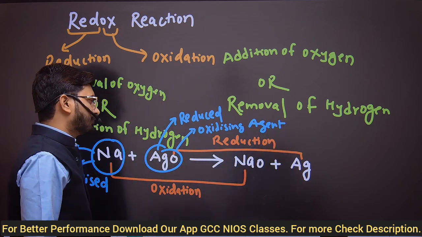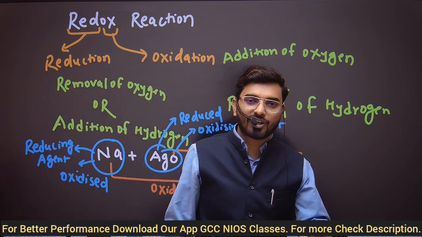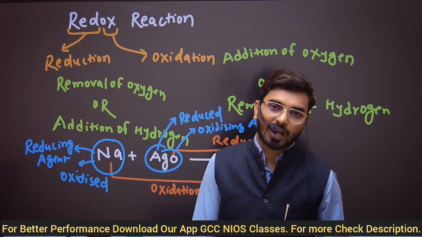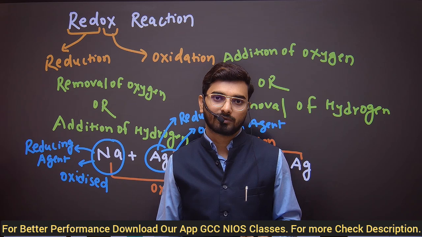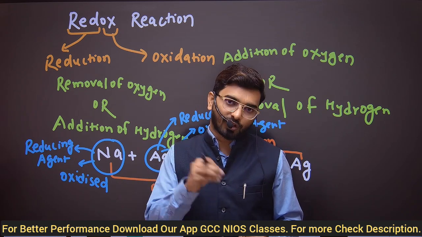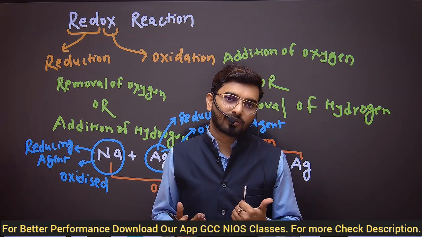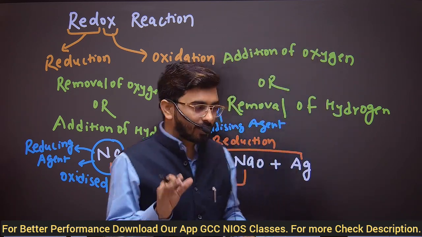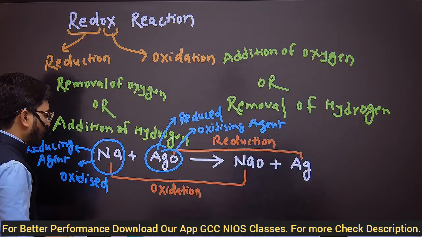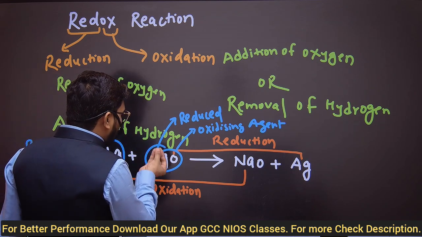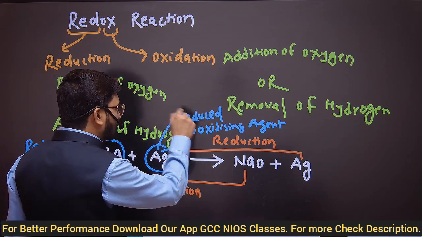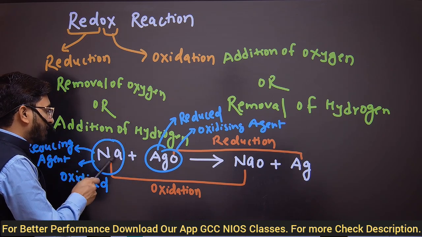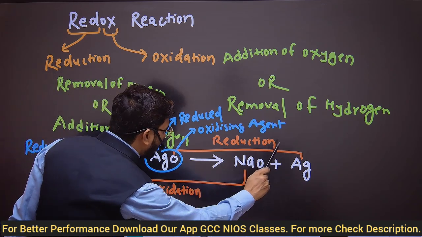So what is the meaning of agent? Agent means like any life insurance agent. A life insurance agent does not make insurance for himself, he makes insurance for others. So in this case, because of sodium, silver oxide gets reduced, which means sodium is the factor, and because of sodium, reduction occurs.